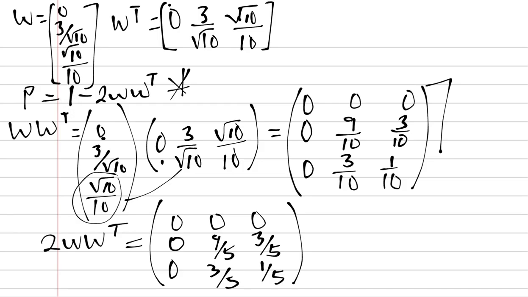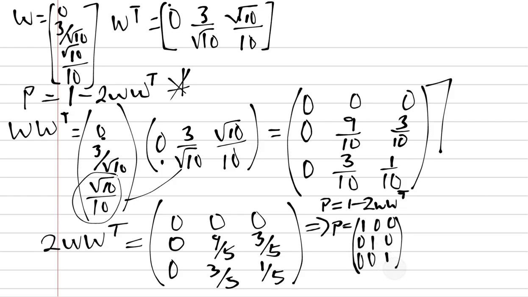So p equals 1 minus 2 w w transpose, and this 1 is the same thing as identity. So that means your p is the identity of 3 by 3: 1 0 0, 0 1 0, 0 0 1. Are you seeing that now?